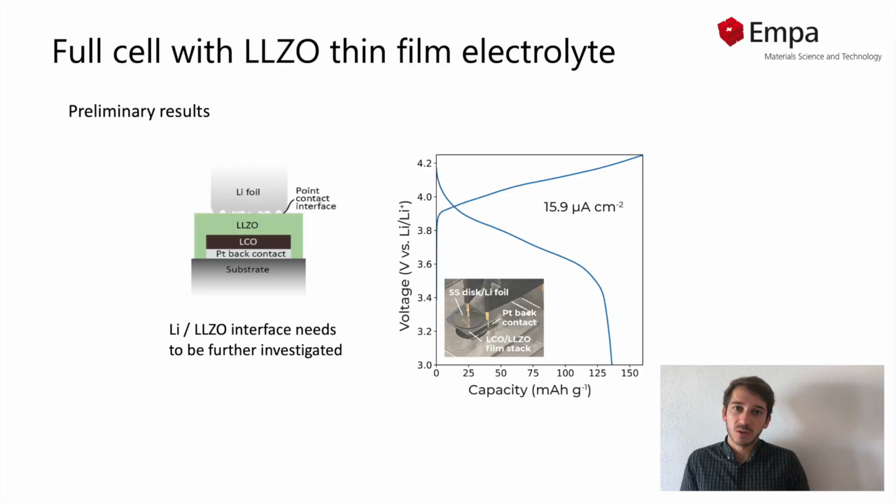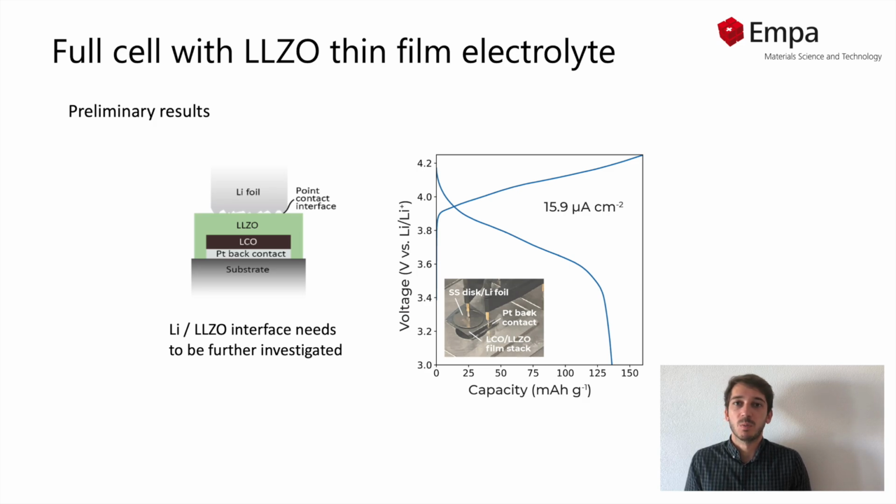To conclude, I would like to show you some preliminary results on full cells employing thin-film LLZO electrolyte. We employed the half cells previously shown and used lithium metal as an anode. And the interface between the LLZO and the lithium is still problematic, resulting in high interfacial resistance at this interface.